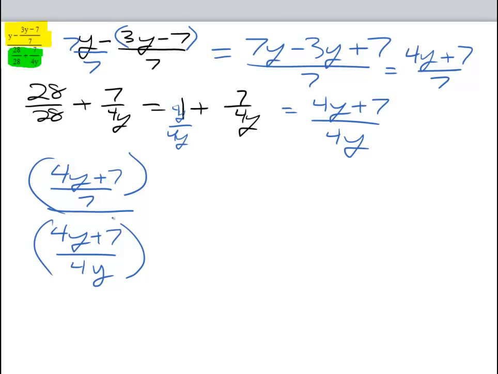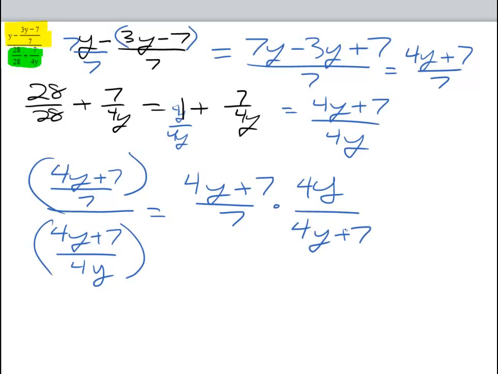And when you have a fraction divided by a fraction, that becomes multiplication when you flip the bottom, right? So this is 4y plus 7 over 7 times the reciprocal, 4y over 4y plus 7. And look at this.